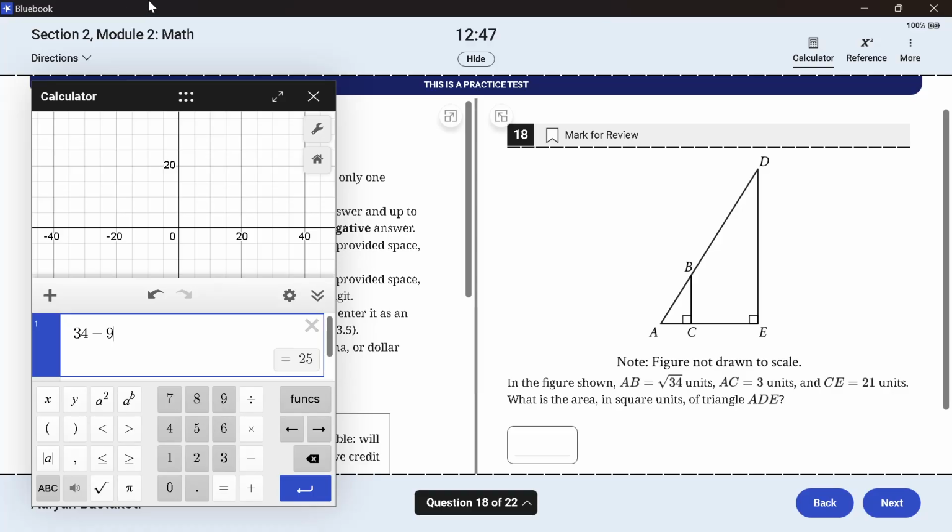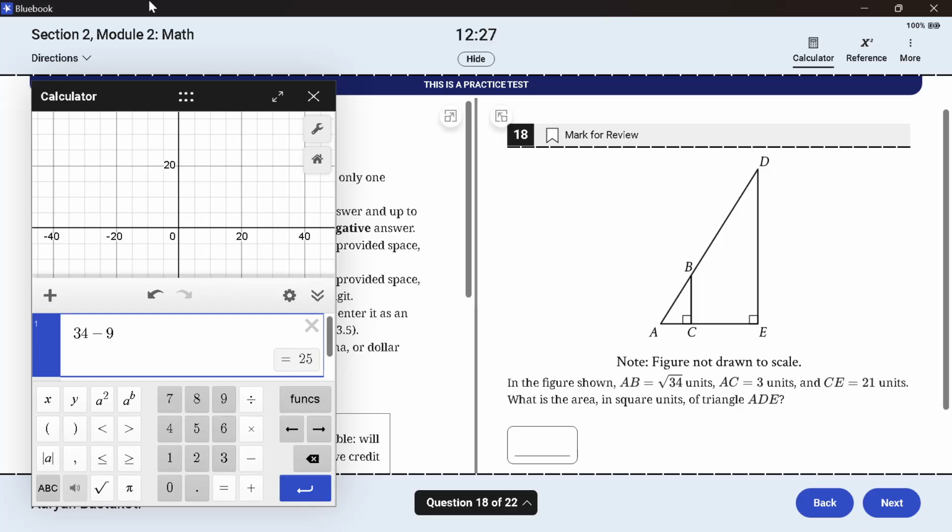AE is 24. Now, if you compare the ratio, DE over BC, we found BC to be equal to 5. BC is 5 units, AE is 24 units and AC is 3 units.